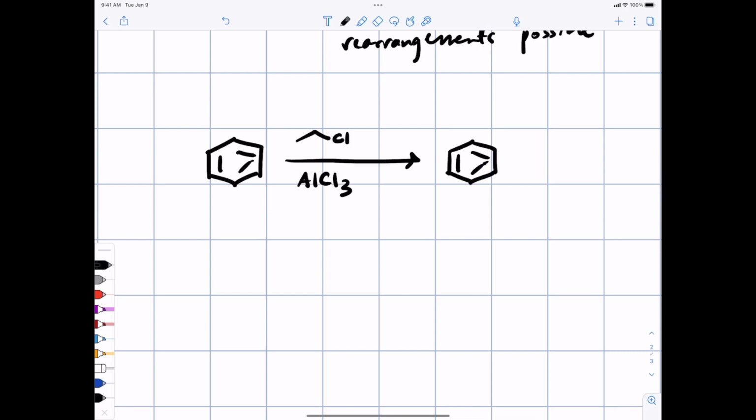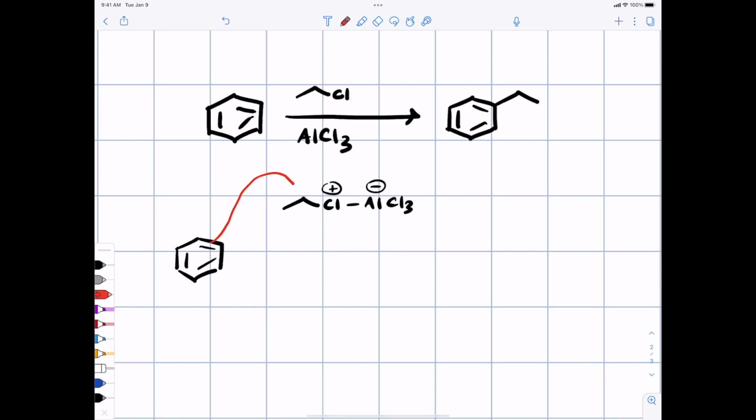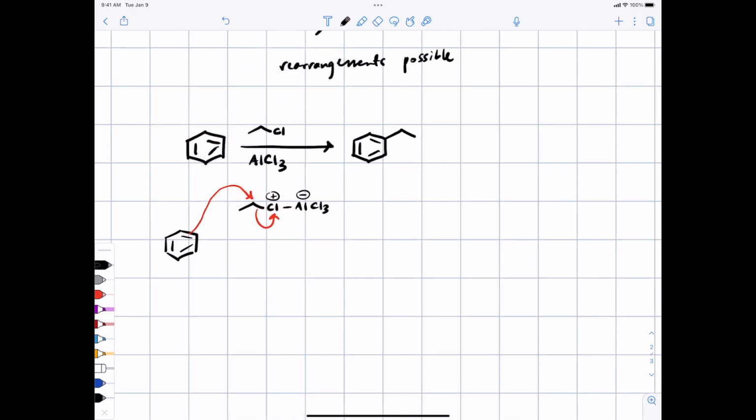And so the mechanism for this reaction probably has to be SN2-like. That is, you generate the electrophile as we talked about previously, and then probably the benzene ring pi electrons attack at the carbon as the leaving group is leaving, sort of in an SN2-like step.